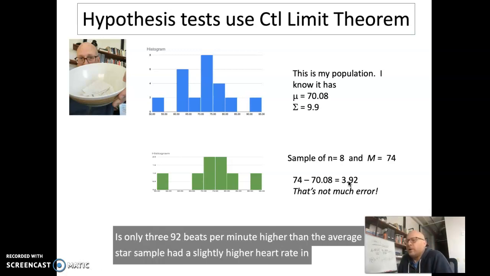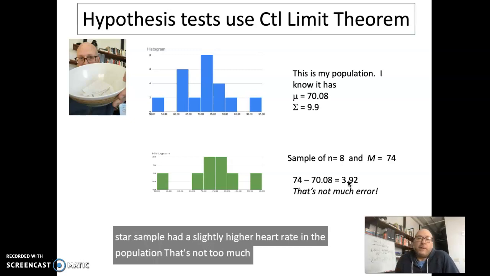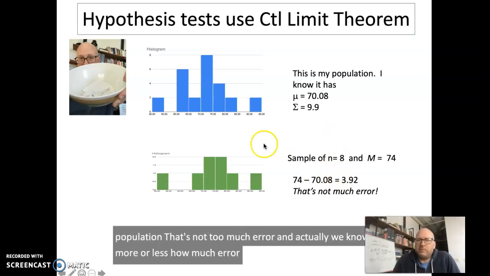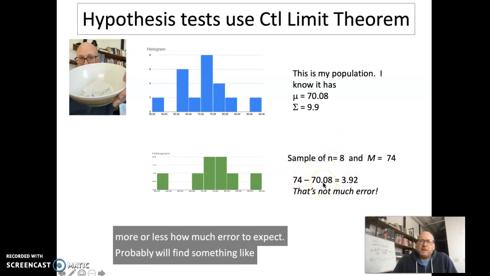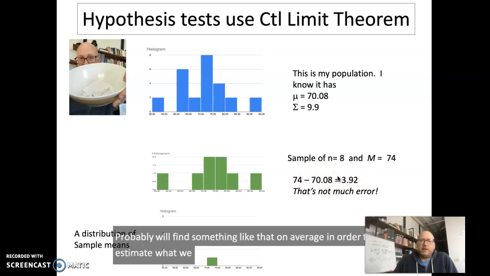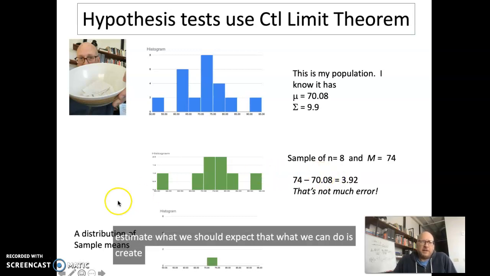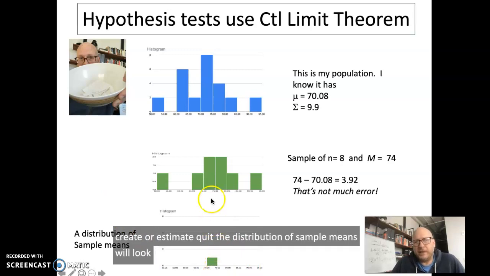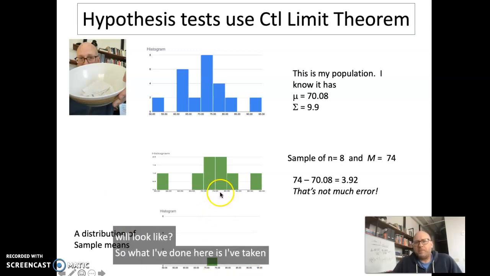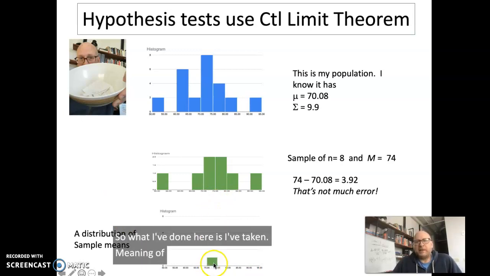And that's not too much error. And actually, we know more or less how much error to expect. We probably will find something like that on average. In order to estimate what we should expect, though, what we can do is create or estimate what the distribution of sample means would look like. So what I've done down here is I've taken the mean of this group and I've plotted it down there.